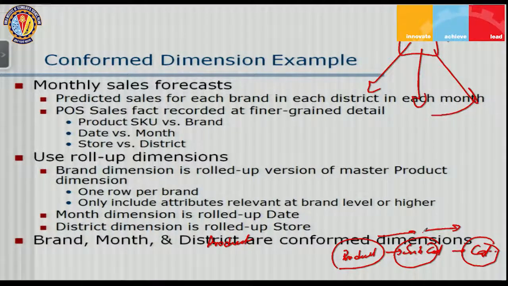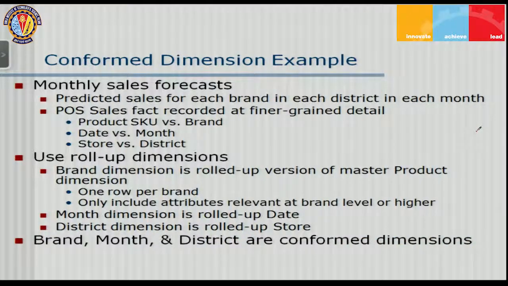Now let me give you an example of conformed dimensions. Monthly sales forecasts have to be made, predicting sales for each brand in each district each month. The point-of-sale fact table is recorded at a finer grain, like daily. So what I'm looking at is product SKU versus brand. There is a hierarchy from product to brand.